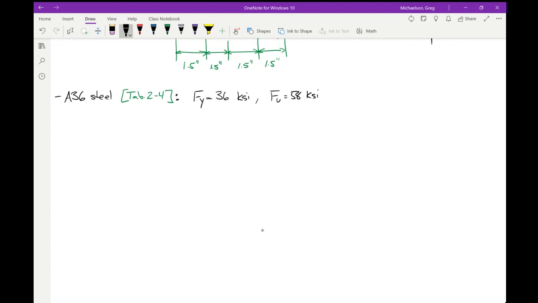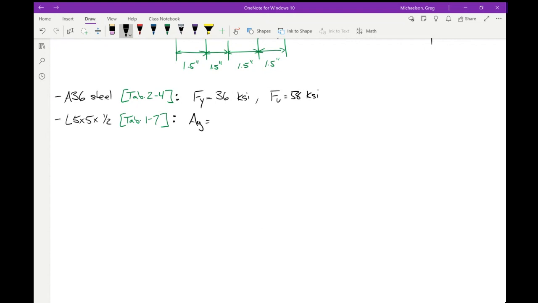Now, the next thing, we're going to need some properties for the shape. And so this is an L 5 by 5 by 1/2. Let me put a reference there. That's going to be in table 1-7. And we're going to need a gross area for this.